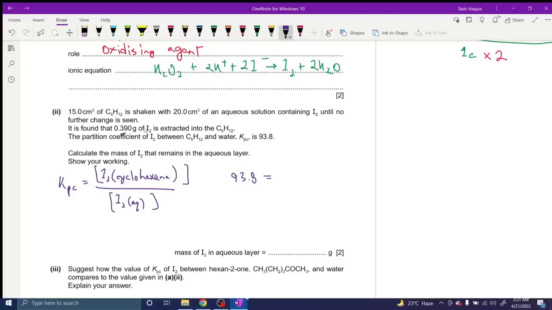This is actually equal to the amount of iodine extracted into C6H12, so 0.390 divided by 15. We don't need to convert the cm cube into dm cube because the units are going to cancel out. Now this is going to be divided by the mass left in the aqueous layer divided by 20. So solve this.